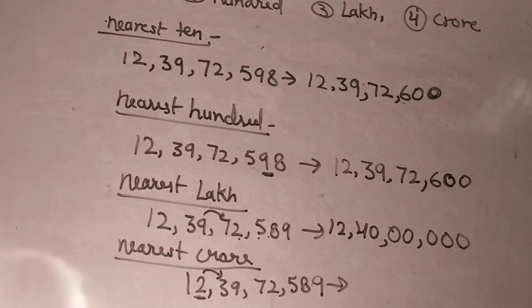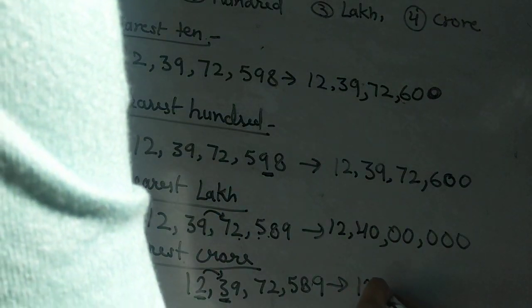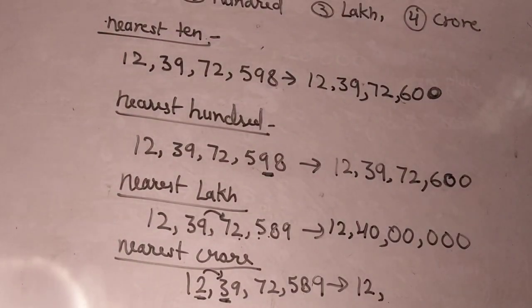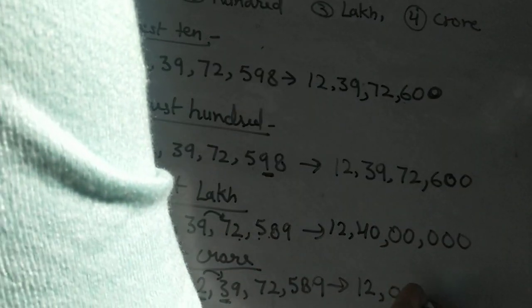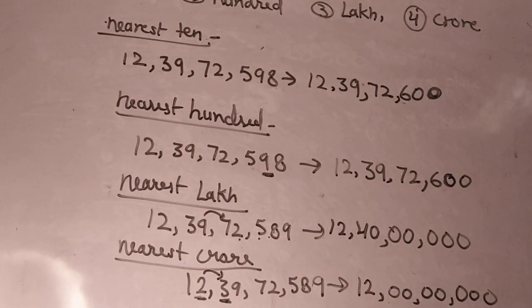Right to the crore, 10 lakh. This digit is less than 5. So we will not change the crore place. And change all the digits to the right of the crore place to 0. 1, 2, 3, 4, 5, 6, 7. These are the answers.